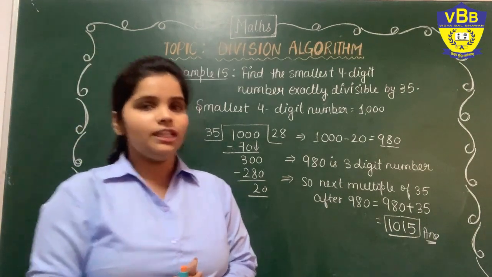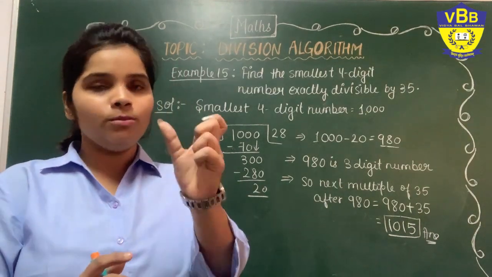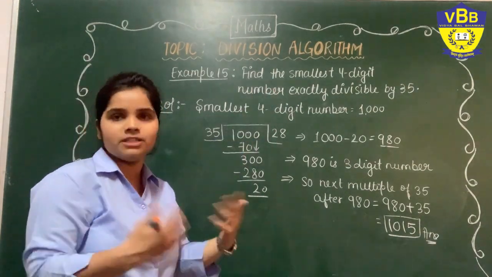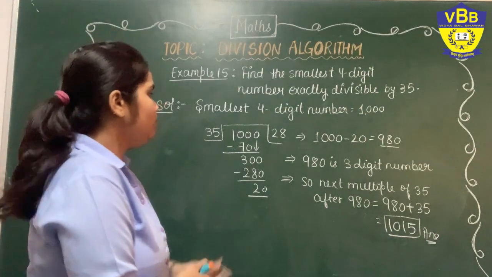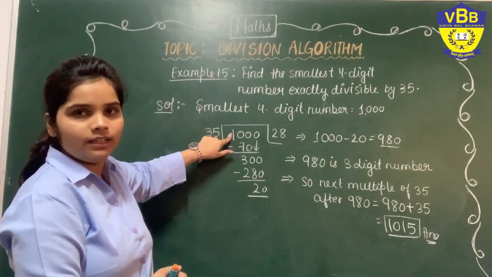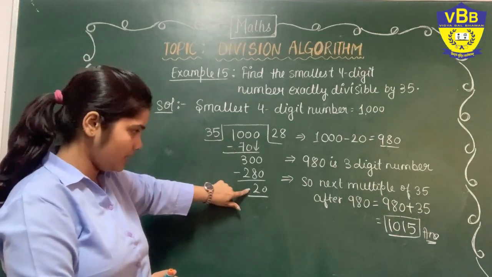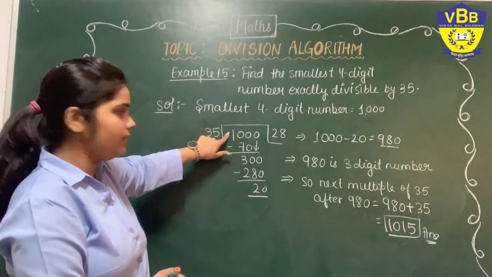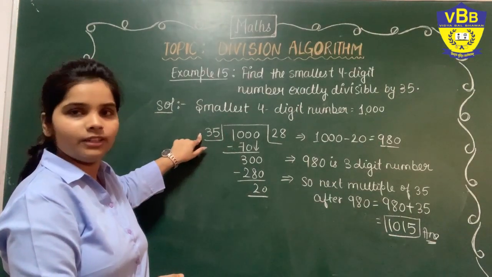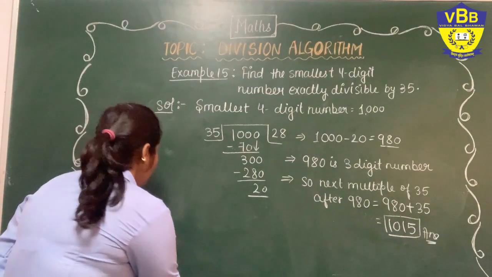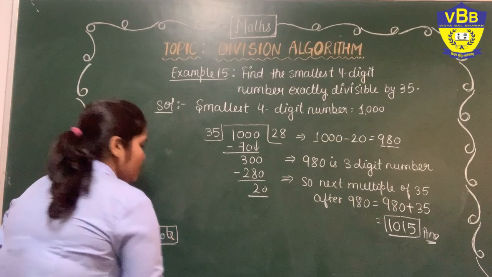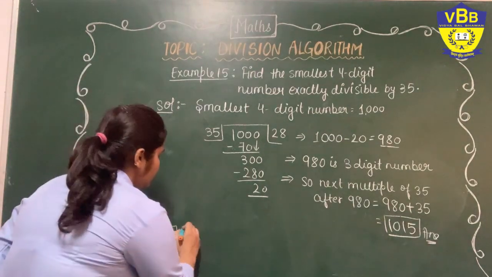We can actually get a formula for that: how to find the smallest number exactly divisible by any number. What we have done is we have subtracted the remainder from the dividend and then added the divisor. Yes or no? So note, we can write here how we can find the required number.